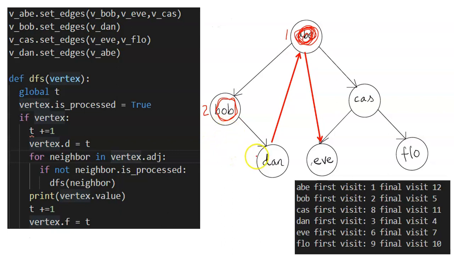And then we call DFS on Bob's neighbor on its adjacency list, which is Dan, and we put a 3 beside it and show that it has been processed.